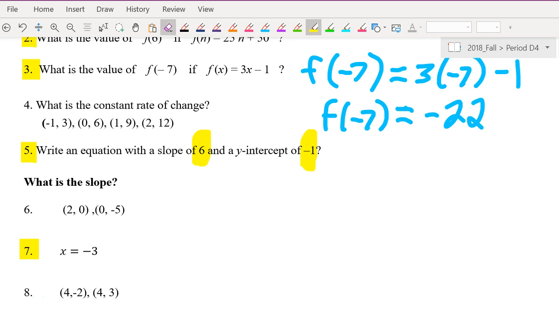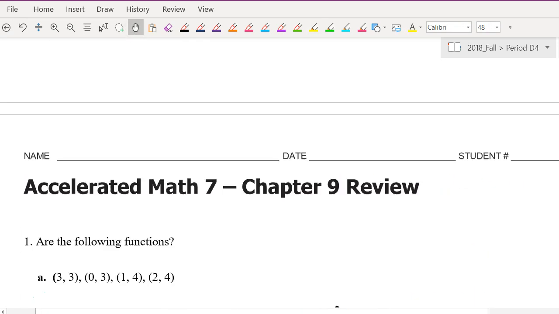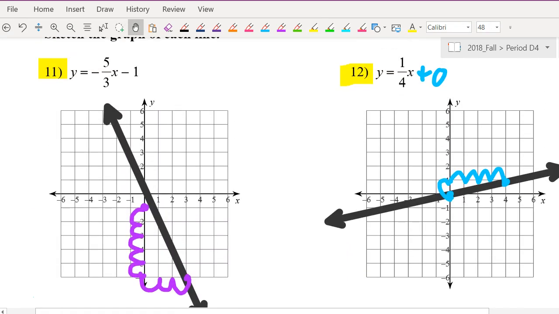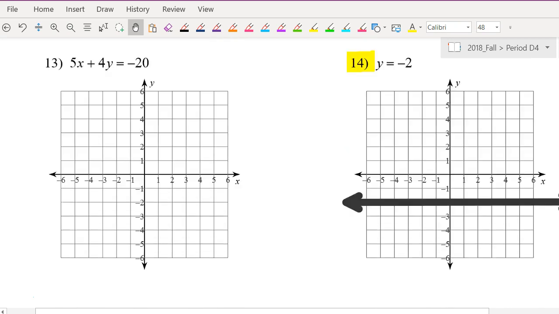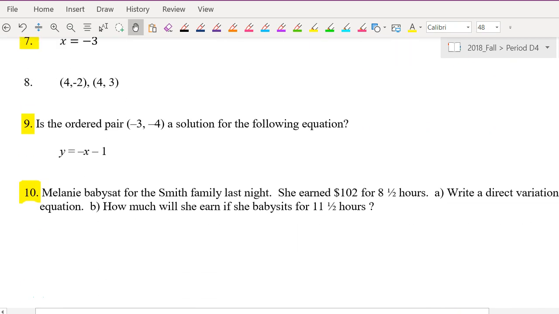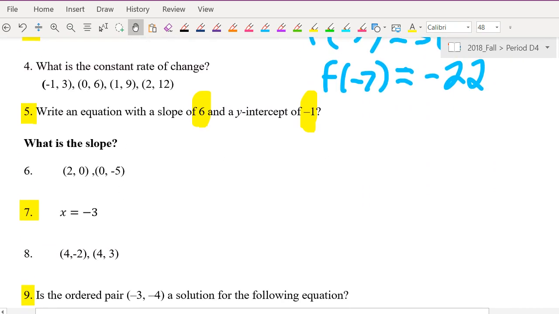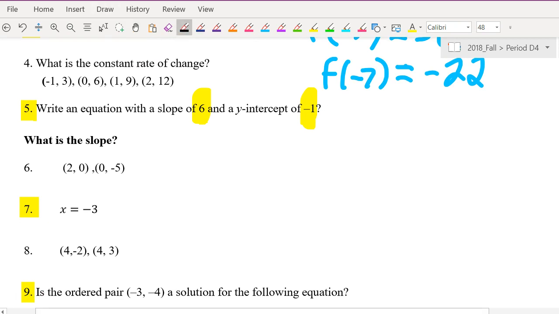No, we're going to do an equation like a line. Let me get an equation like this with slope and intercept. See, I knew you could do it.